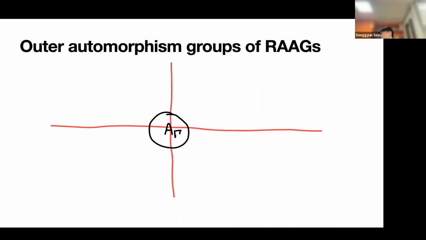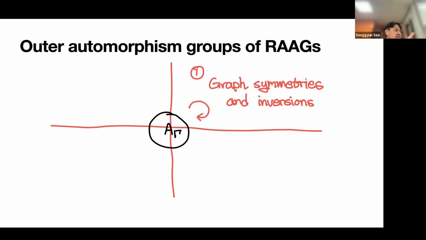In the proof, Laurence showed four types of automorphisms. In the automorphism group of the right-angled Artin group, there are four types of automorphisms. The first type consists of graph symmetries and inversions.